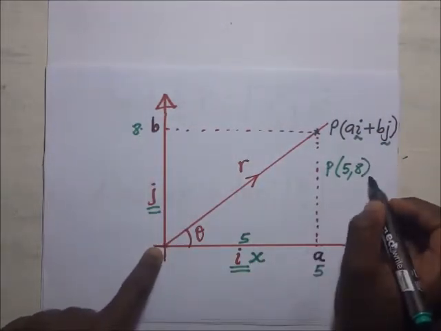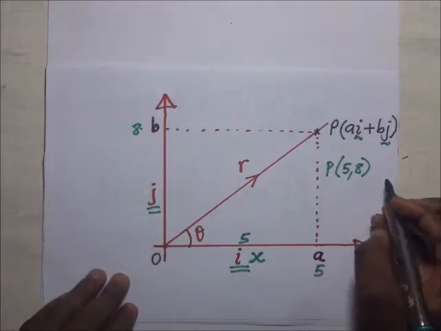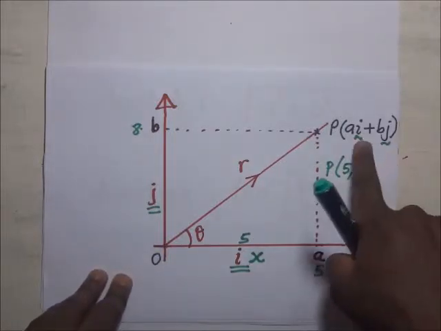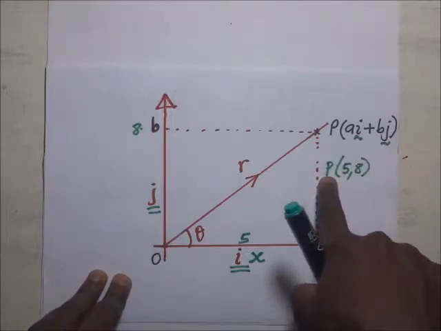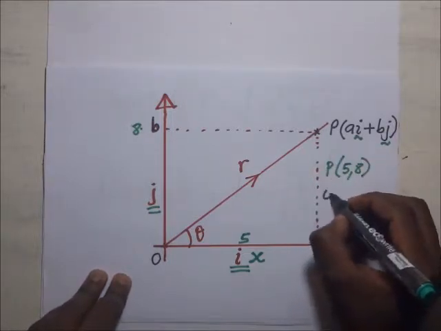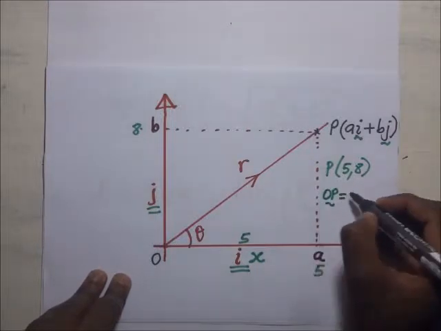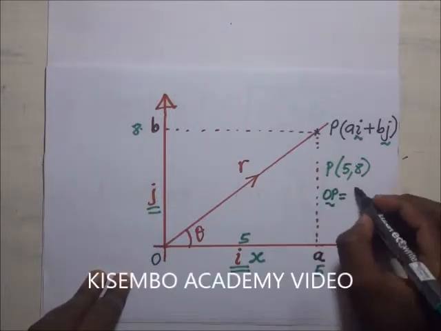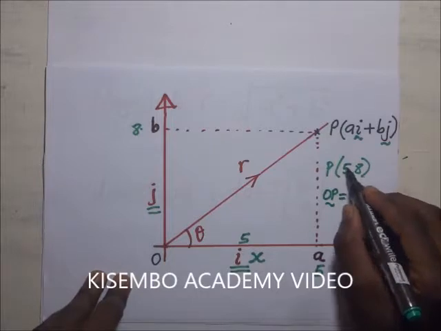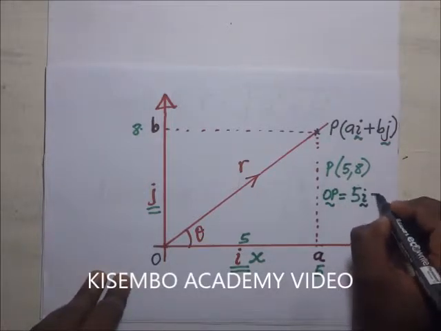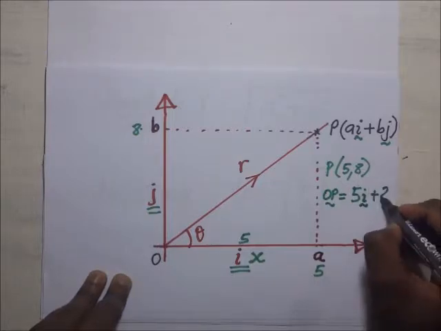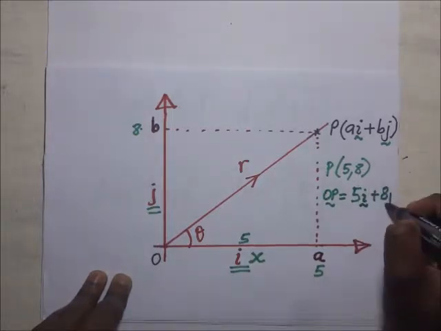And if it is (5, 8), it simply means that if we are to use the ij notation to represent the position vector of P, which is OP, it will be 5 in the x direction, denoted by i, plus 8, positive 8, in the j direction.